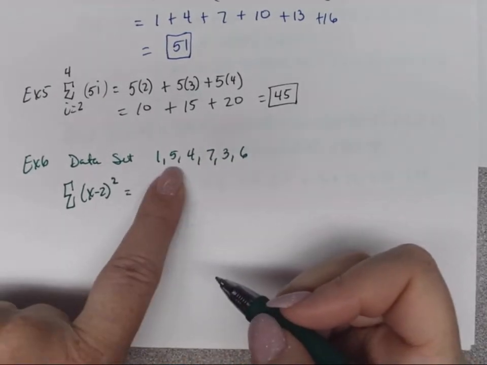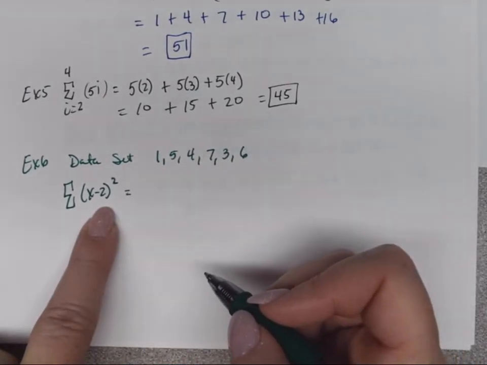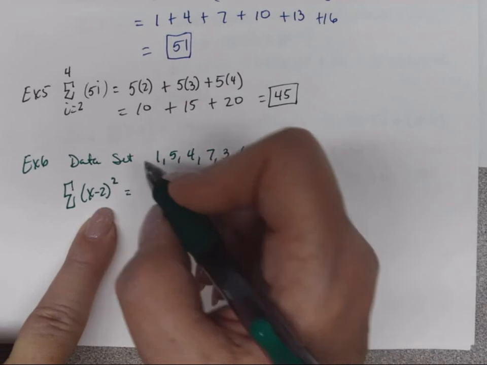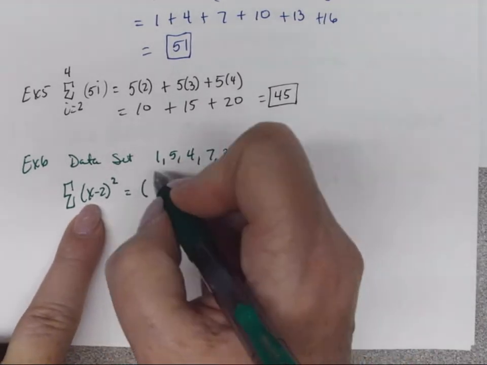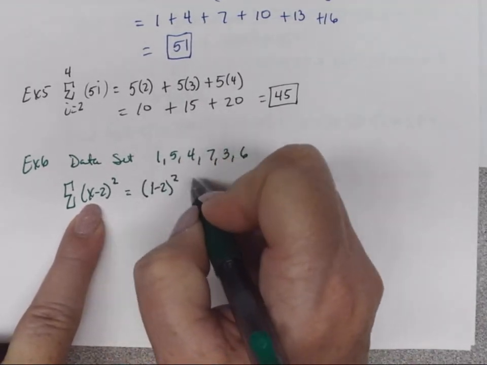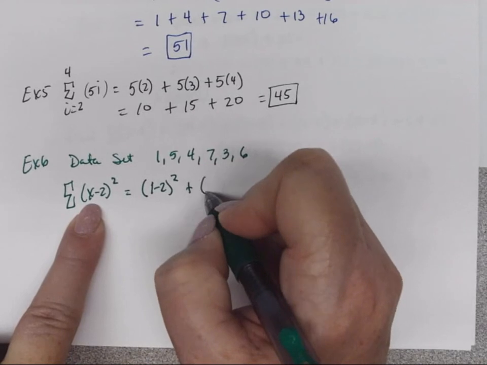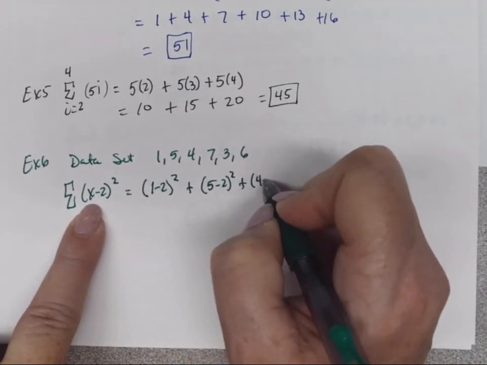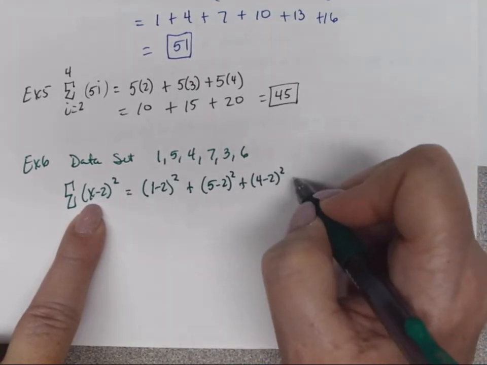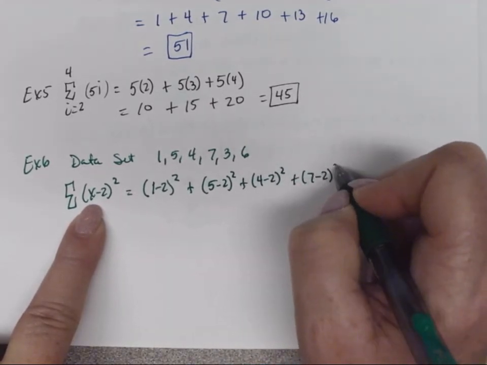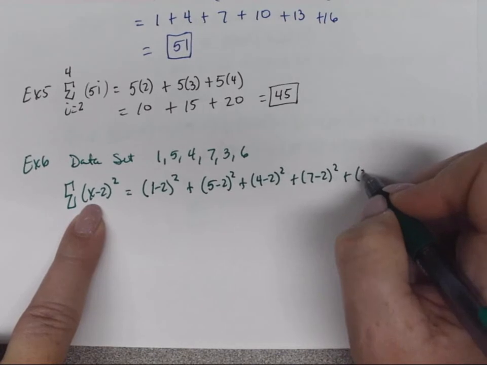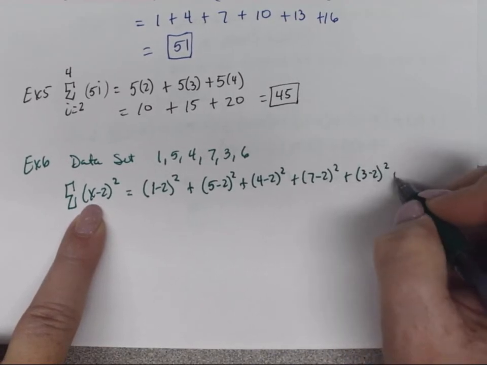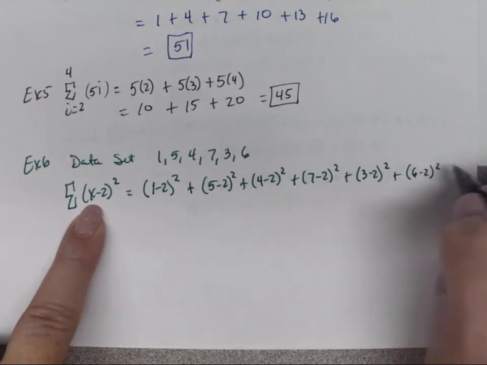So we're going to plug in each number, subtract 2, and then square. We still have to follow our PEMDAS rules. So we'll have 1 minus 2 squared plus 5 minus 2 squared plus 4 minus 2 squared plus 7 minus 2 squared plus 3 minus 2 squared, 6 minus 2 squared.